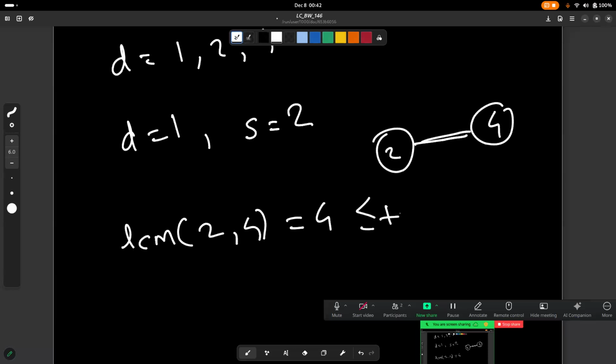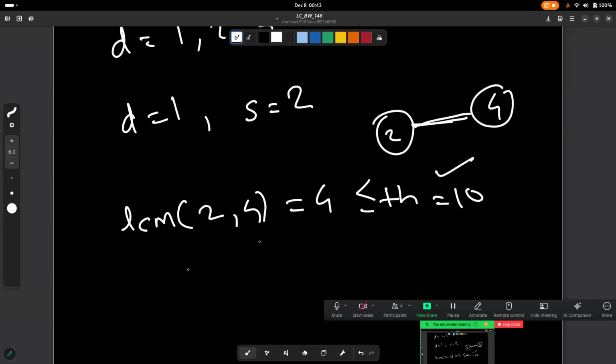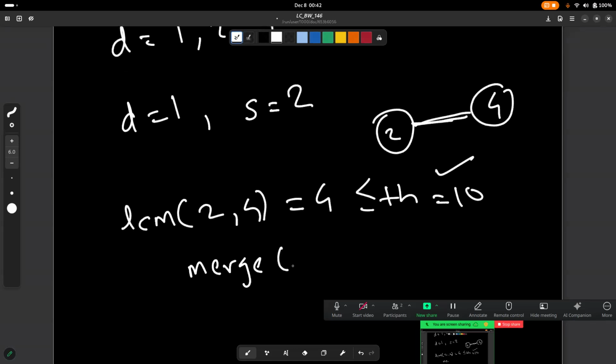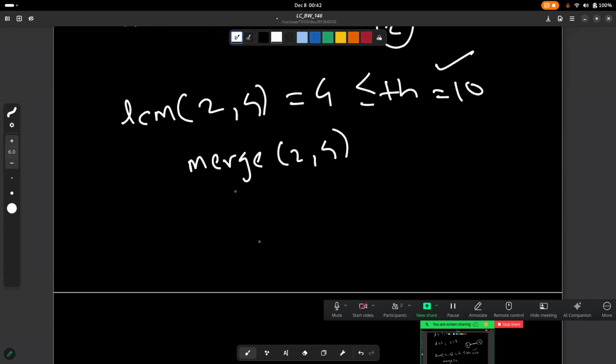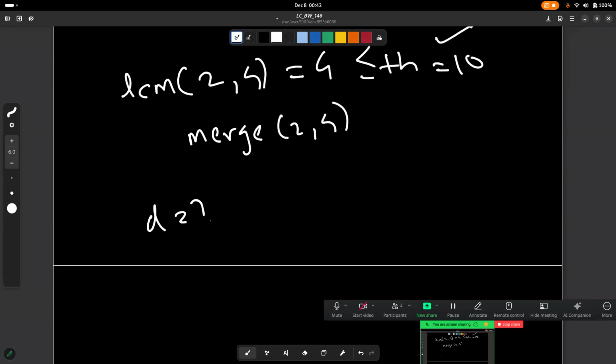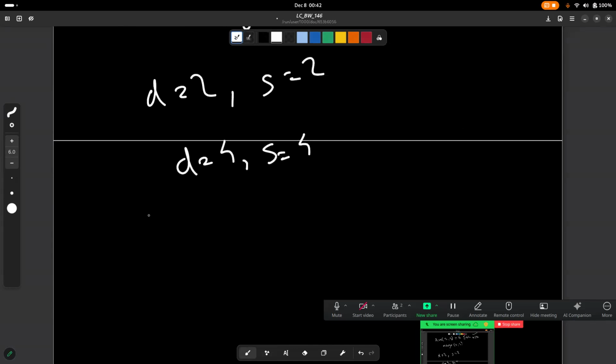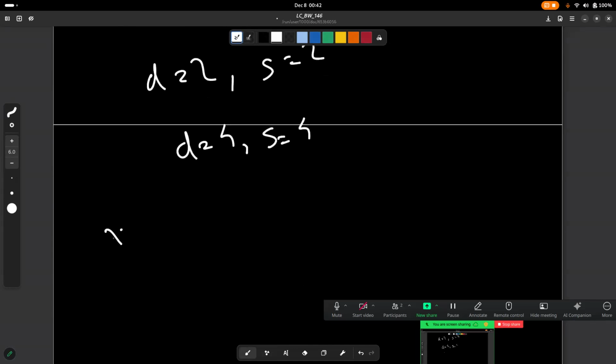Is it less than or equal to threshold? Yes, threshold is 10. So join 2 and 4, that will be represented by merge 2 and 4 operation. For d equal to 2, also we have s equal to 2, and for d equal to 4, we have s equal to 4. So those things can be handled too in a similar way.